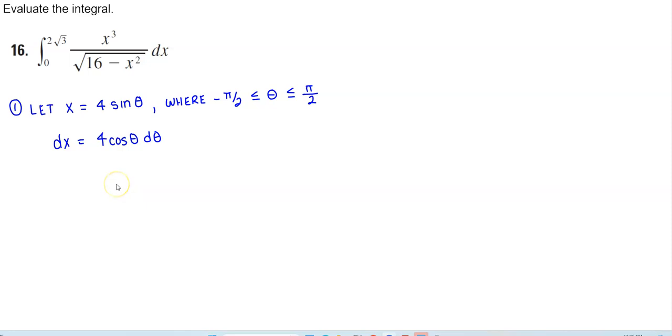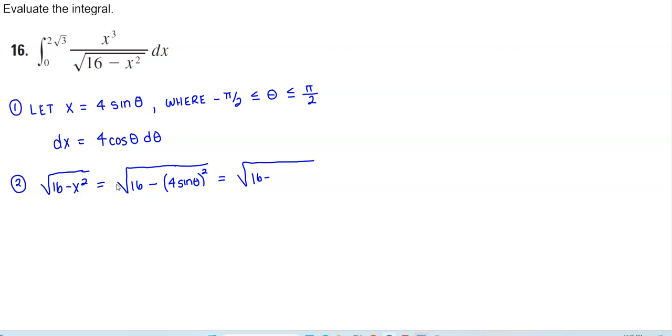If we say that the square root of 16 minus x squared is then equal to the square root of 16 minus 4 times the sine of theta squared, well then that equals 16 minus 16 sine squared theta.